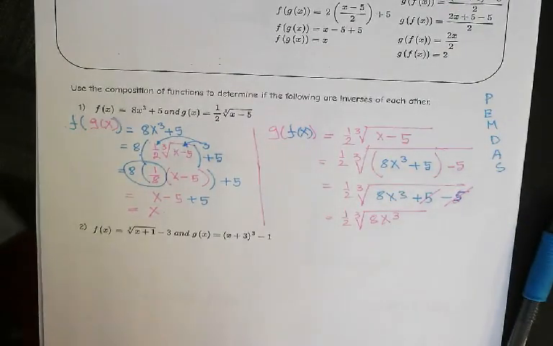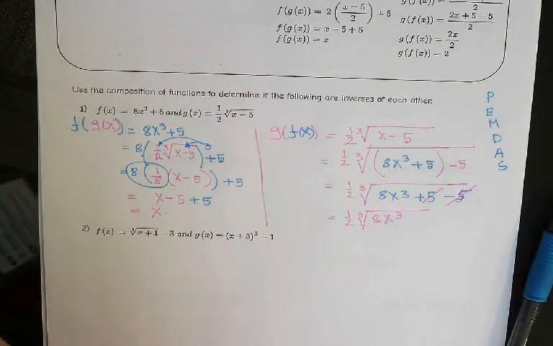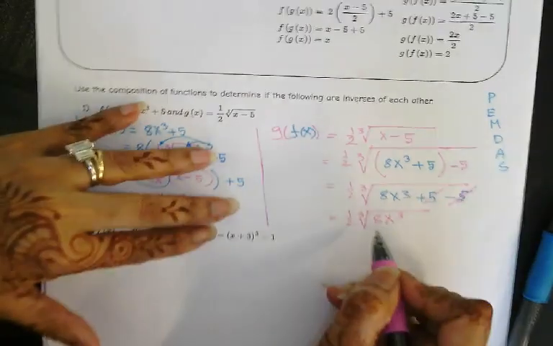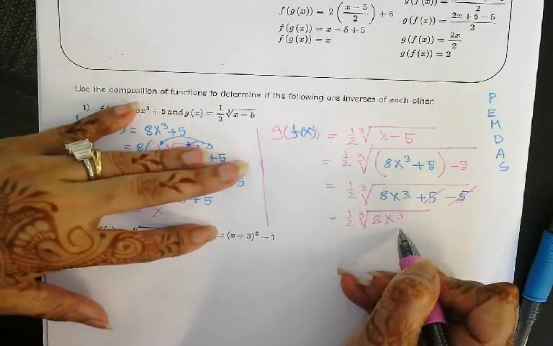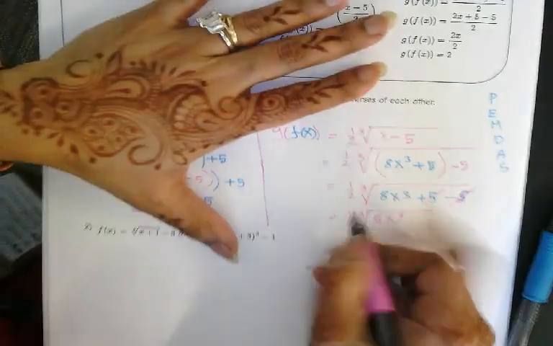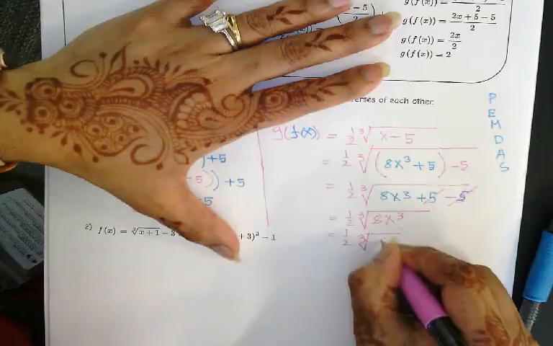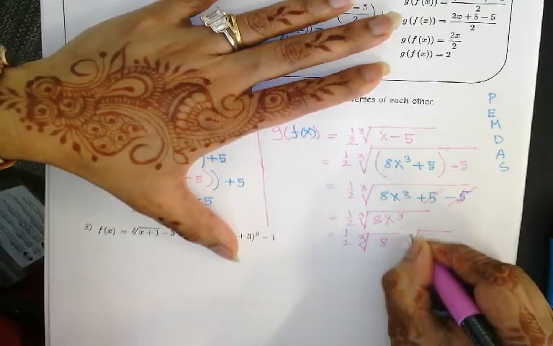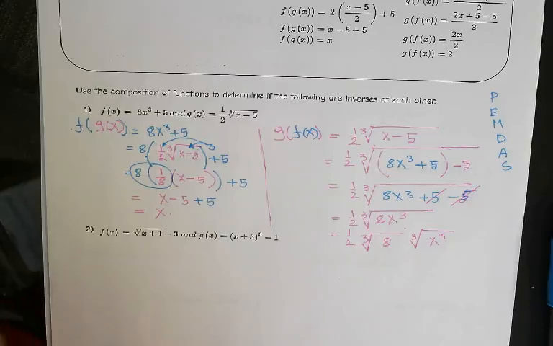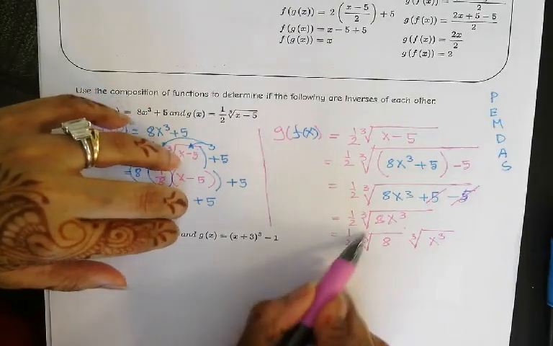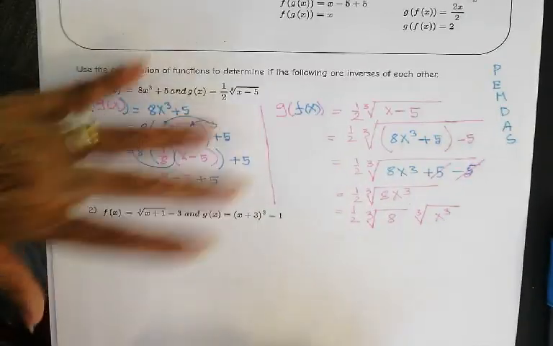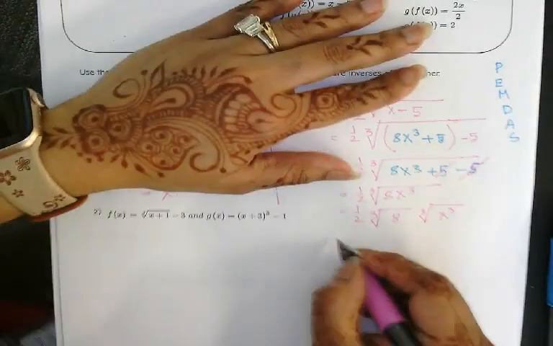Now that's again a multiplication. I'm applying the exponent, so both of them are going to have it, right? Both numbers. 8 is going to have it. Also x cubed is going to have it. I can separate them. So let's write it down. Cube root 8, cube root x cubed. How can I simplify this? 2 cubed is 8, so I can write it down.